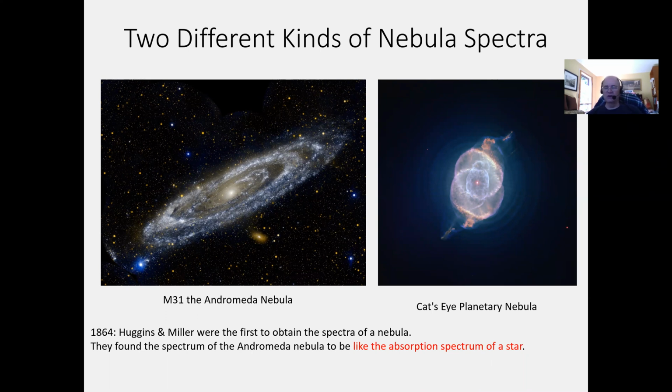And so a remarkable discovery of the emission spectrum, and the beginning of cataloging the different spectra of the nebulae as this technology developed. Remember, it's one thing to take the spectrum of a star like Vega. It's another thing to take a spectrum of these guys that can only be seen in a telescope, the Cat's Eye Nebula.